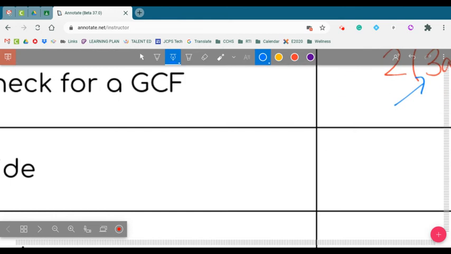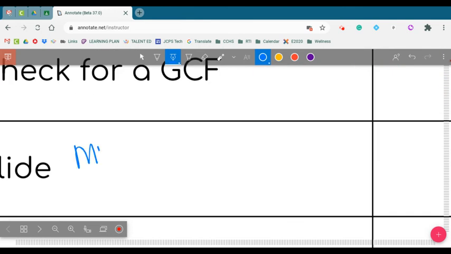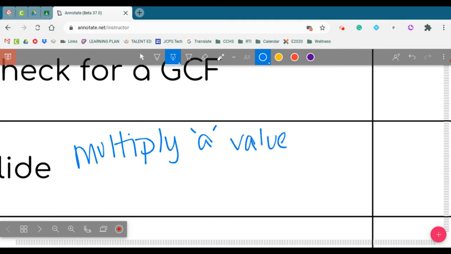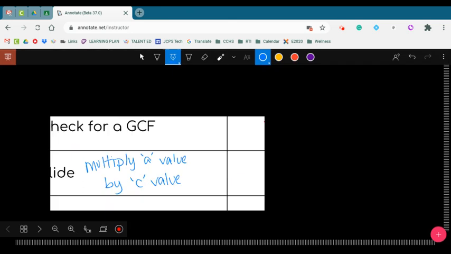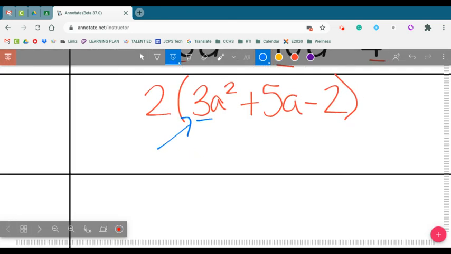So we slide. So this means we multiply our a value by our c value. So what that means is we're going to take this 3 and we're going to multiply it by the 2.